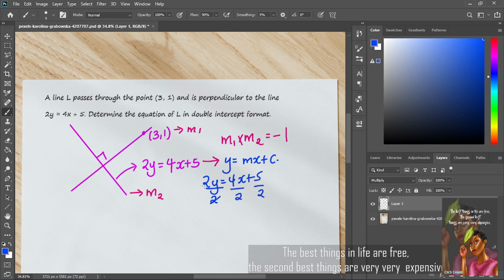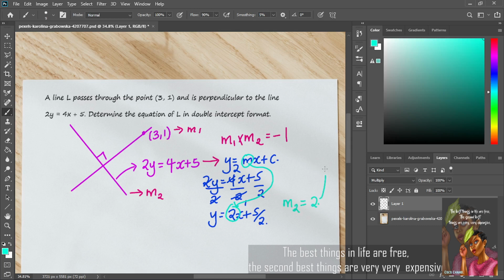I'll have y = 2x + 5/2. So the value for m here is going to be 2. So now we know that our m2 is going to be 2.